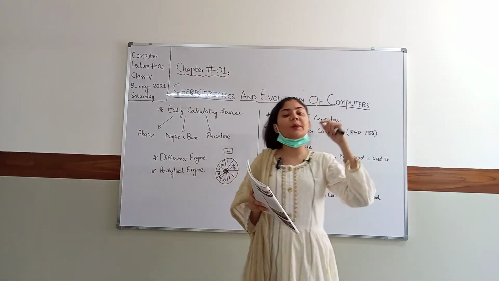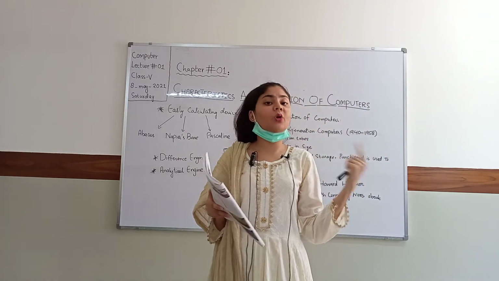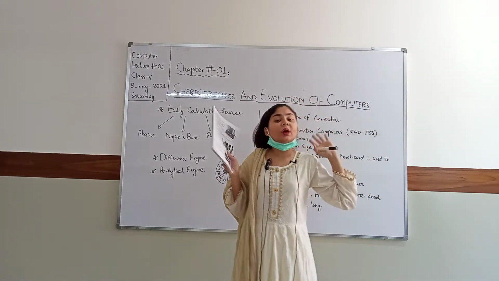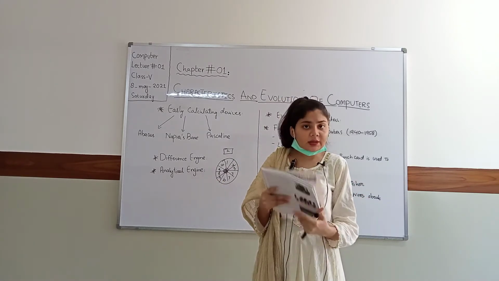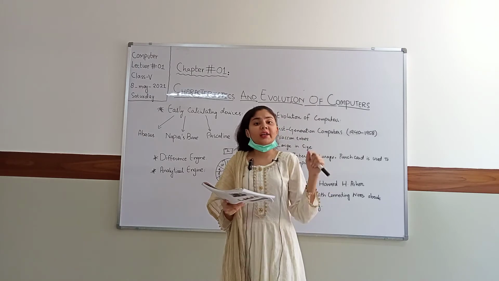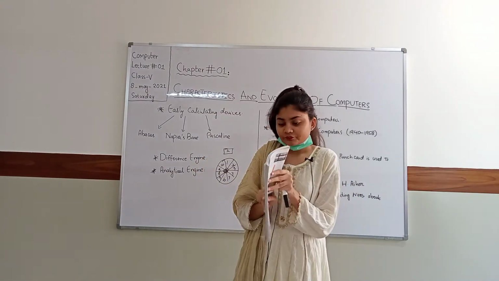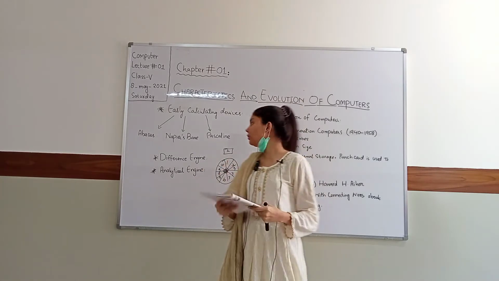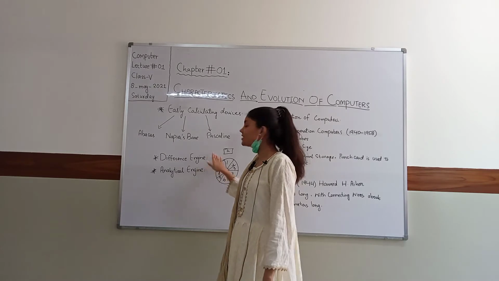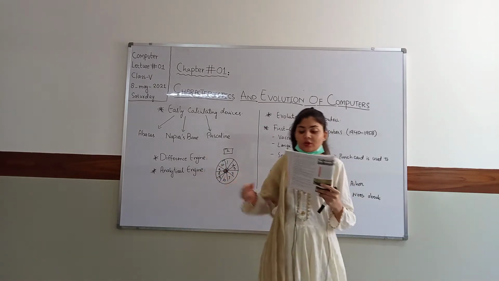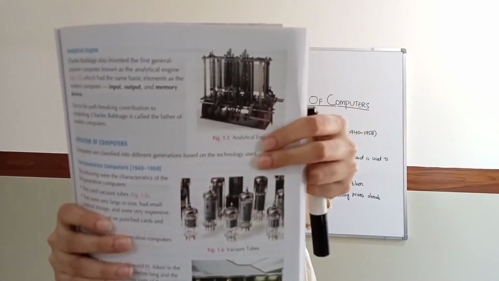Now Charles Babbage invented the difference engine. Now it is converted into the analytical engine, because it has been customized. The difference engine has been customized into the analytical engine. Picture 1.5, this is how the analytical engine looks like, page number 3.